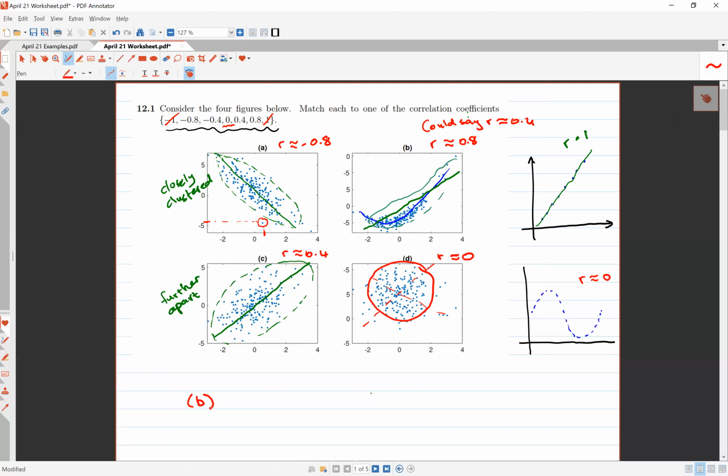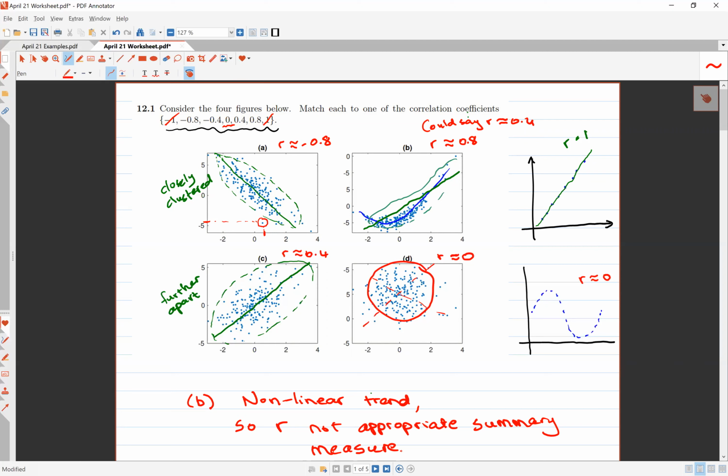But in point B, the importance is there's a nonlinear trend, so that correlation coefficient R is not an appropriate summary measure. Whereas in A, C, and D, the linear trend line does seem to be appropriate, and so it is a good measure of the relationship that exists between the two variables.